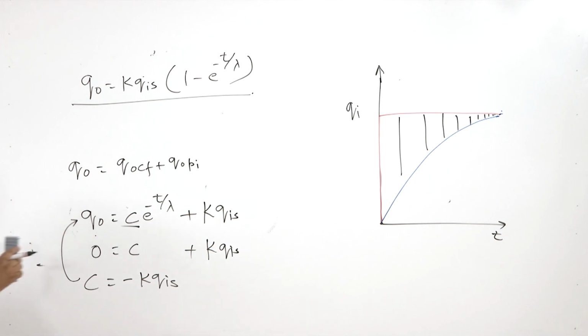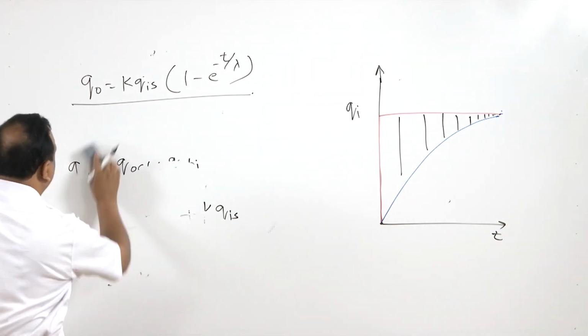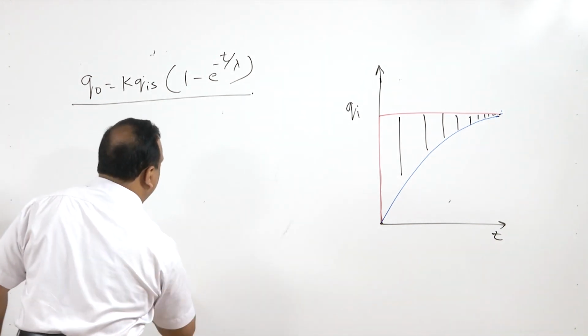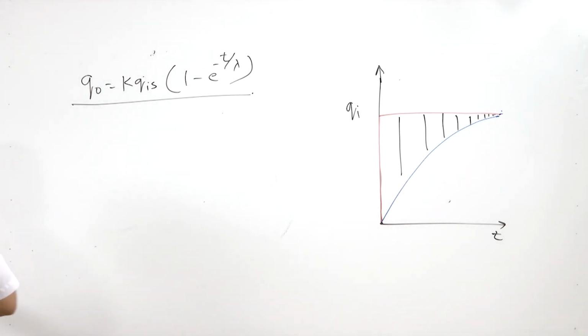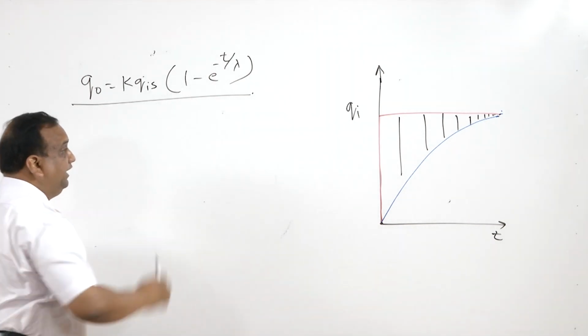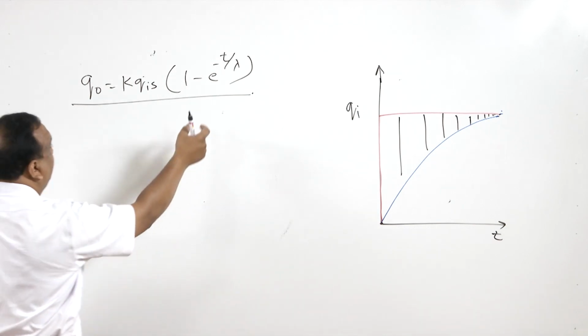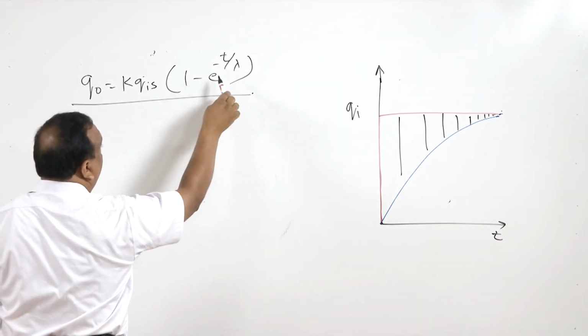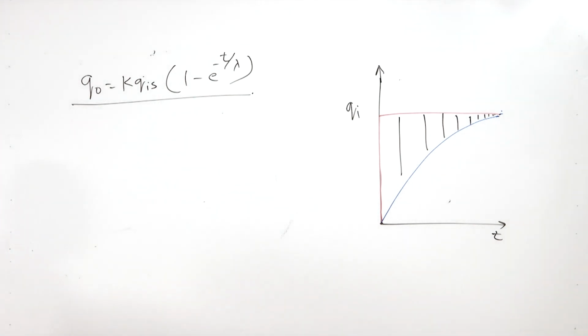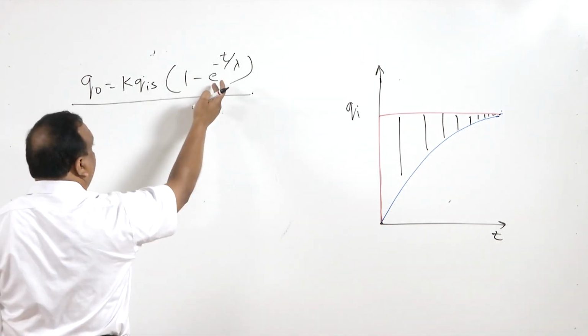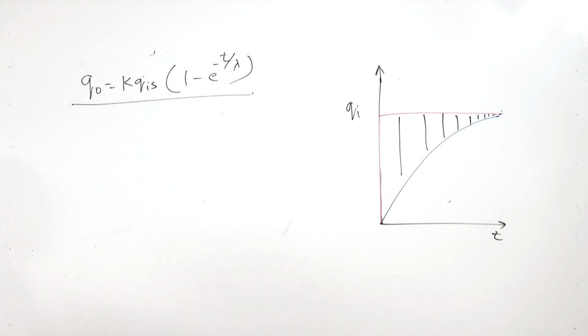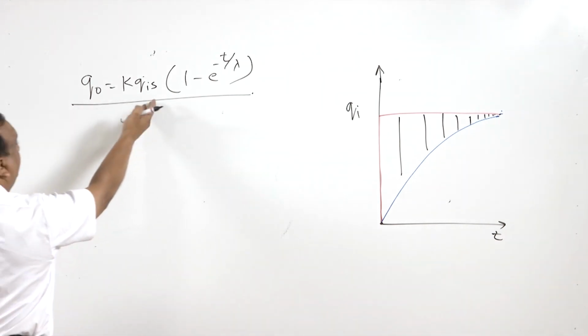Now from this equation you can easily judge that for a large value of t, this value is going to be tending to 0. When t is tending to infinity, this value tends to 0, and then Q_O is equal to K Q_IS.